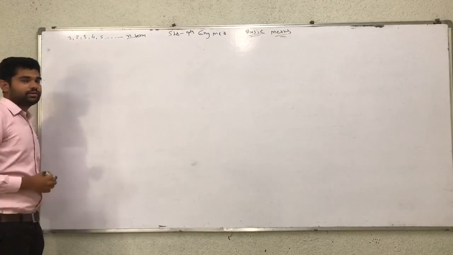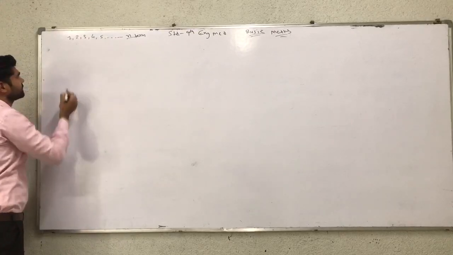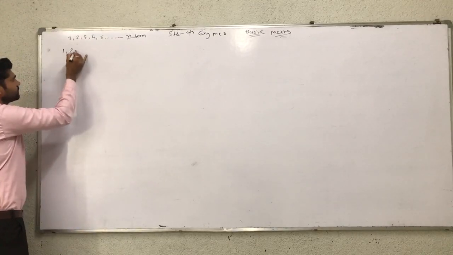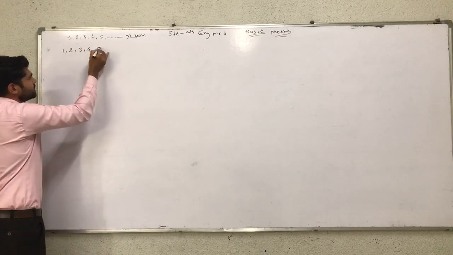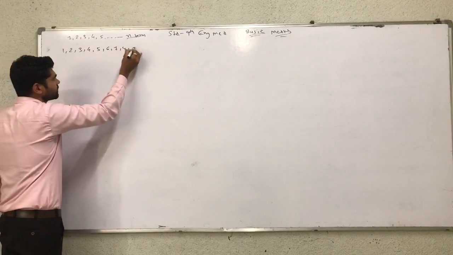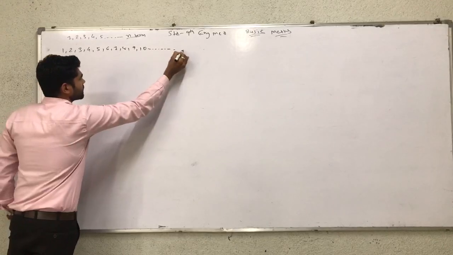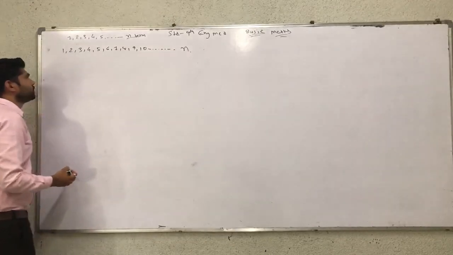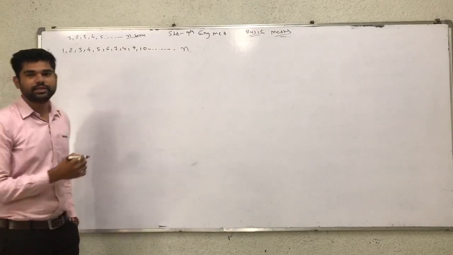So here we write 1, 2, 3, 4, 5. In this number series, two types of numbers are present.